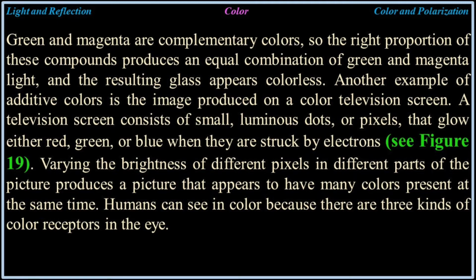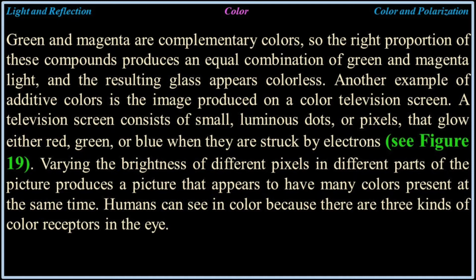A television screen consists of small luminous dots or pixels that glow either red, green, or blue when they are struck by electrons. See Figure 19. Varying the brightness of different pixels in different parts of the picture produces a picture that appears to have many colors present at the same time.